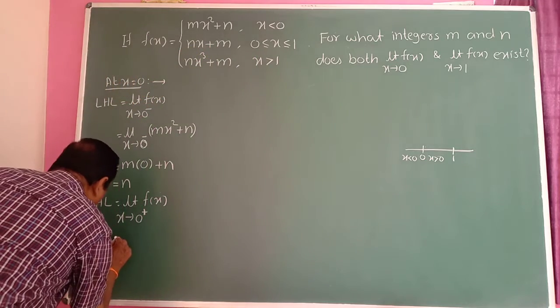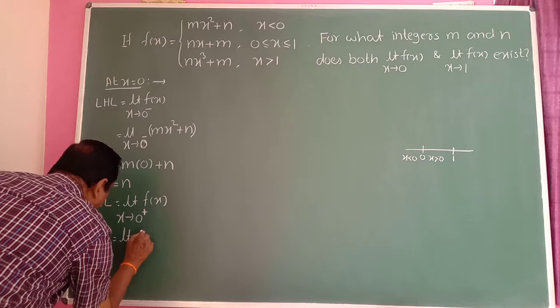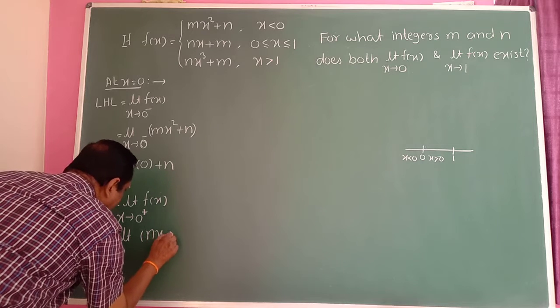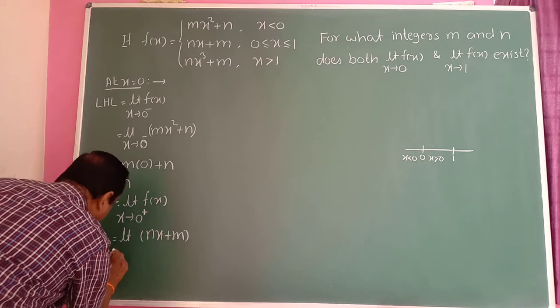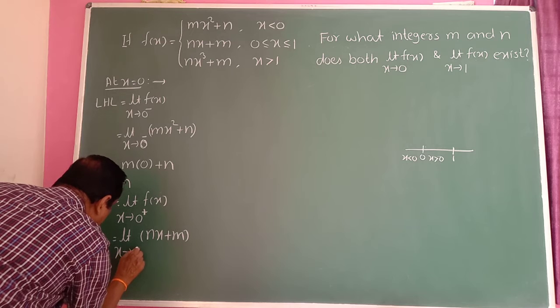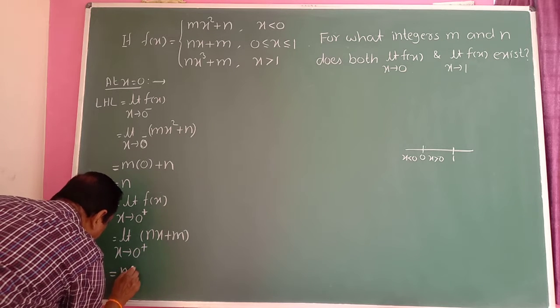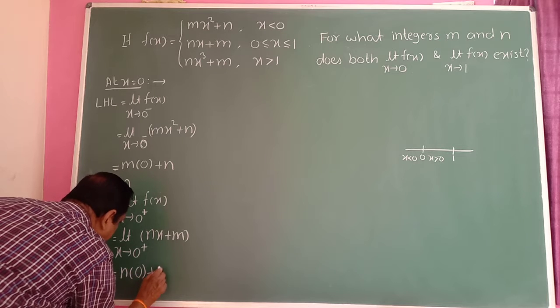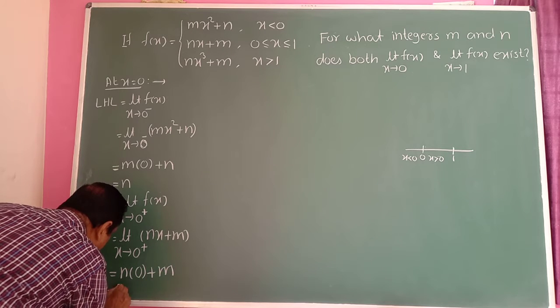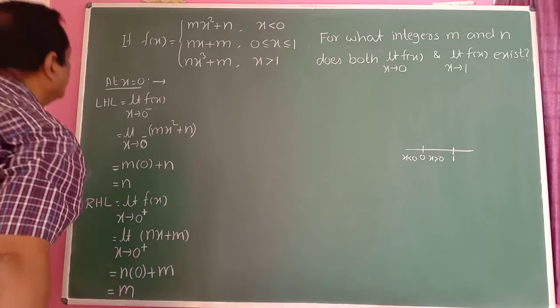So this is equal to the limit of nx plus m as x tending to 0 plus. Put x value 0. Therefore, n into 0 plus m. Therefore, this value is m here.